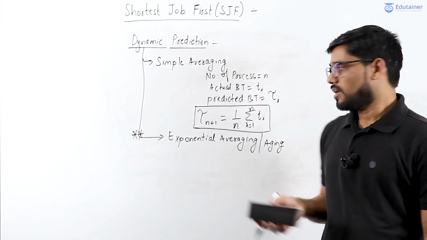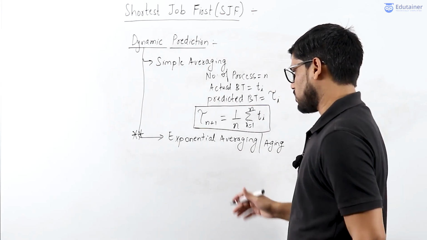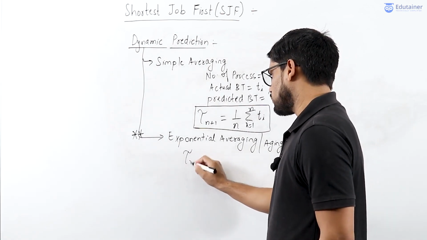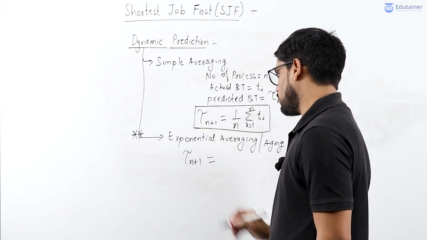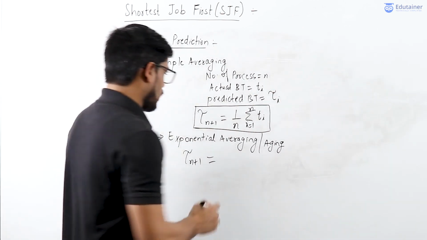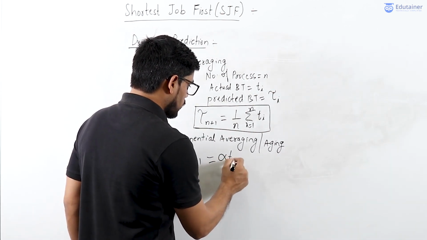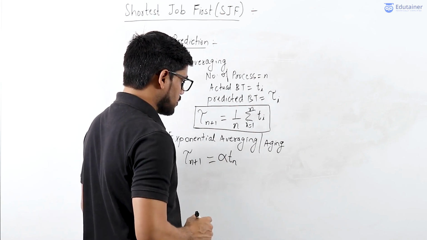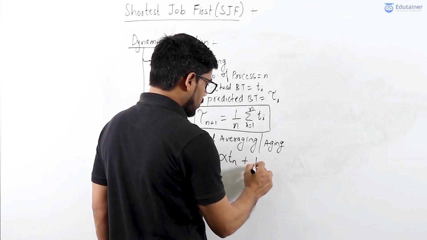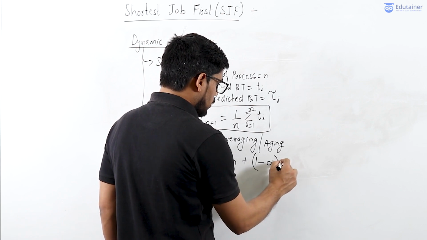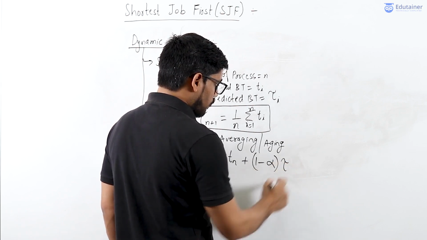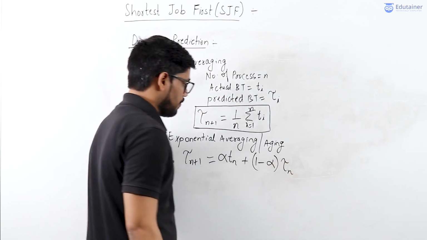So here the direct formula for predicting the burst time is tau of n plus 1 is equal to alpha into the actual burst time of the previous process, plus 1 minus alpha into the predicted burst time of the previous process, tau of n.